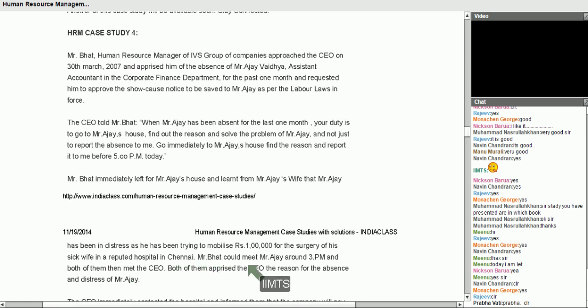Mr. Bhatt could meet Mr. Ajay around 3 p.m. and both of them then met the CEO. Both of them apprised the CEO of the reason for the absence and the distress of Mr. Ajay. They explained the whole case to the CEO.